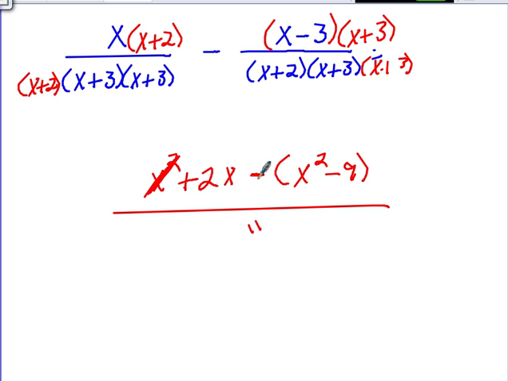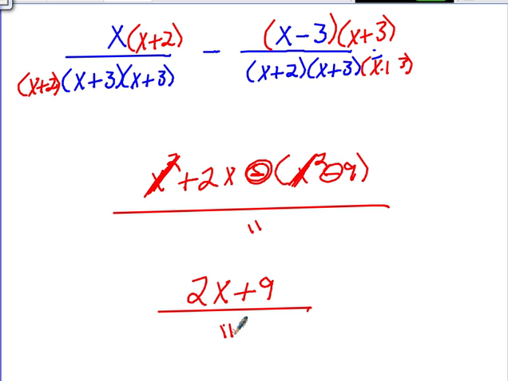X squared minus x squared. 2x minus 9 will be plus 9 over x plus 2 times x plus 3 times x plus 3. Before you can add or subtract, make sure the bottoms are the same.